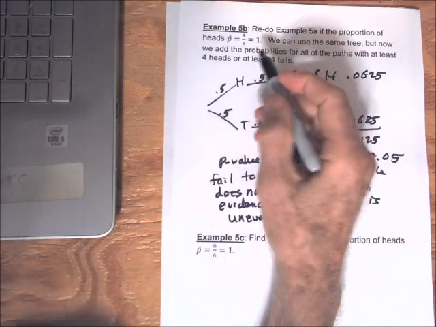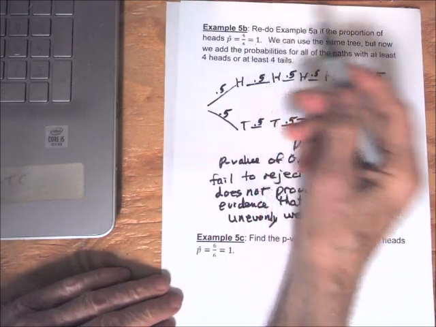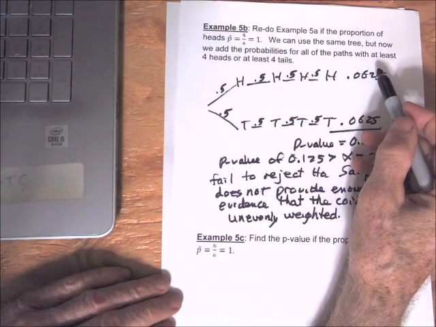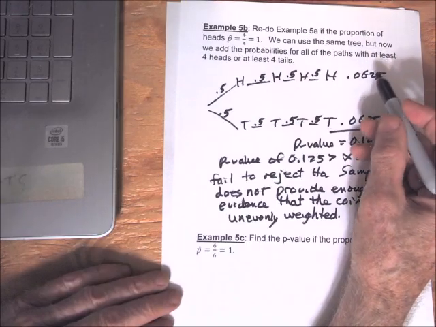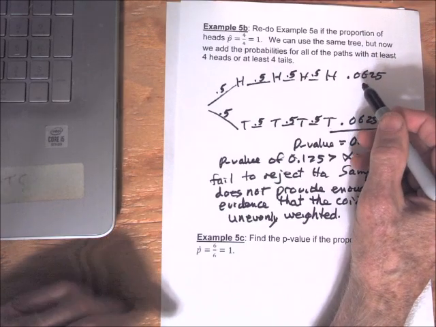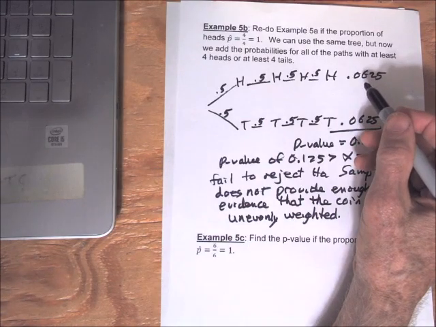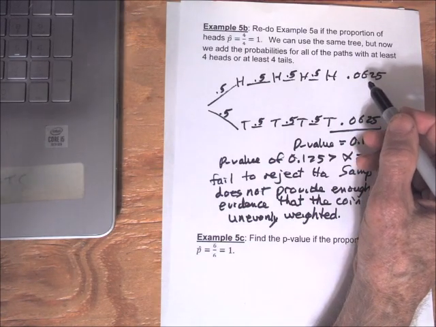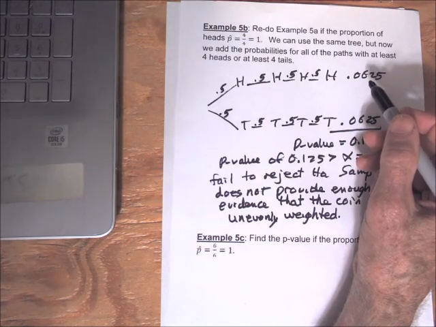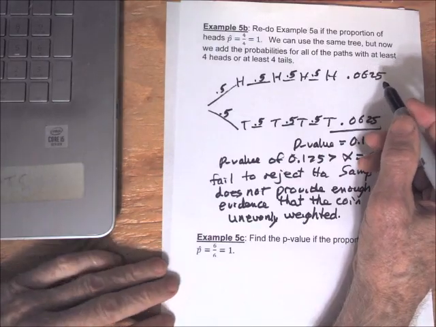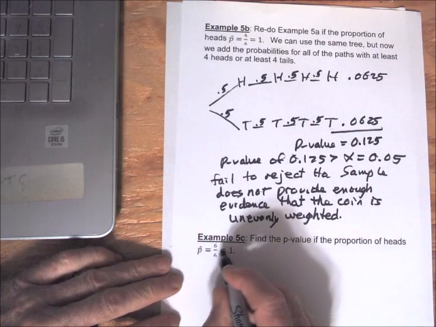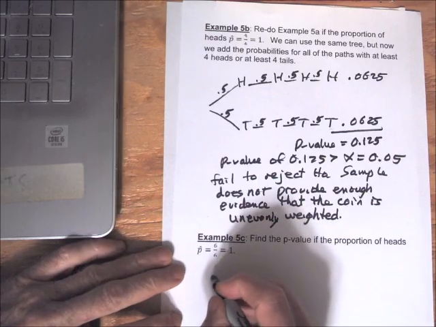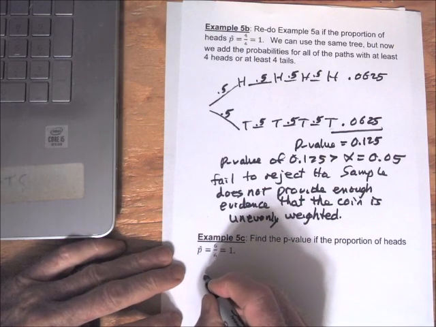So for 4 tosses, we had 16 paths, and then if we have 5 tosses, you double that, it's going to be 32 paths. And for 6 tosses, double that again, it's going to be 64 paths. So it should be taking up a lot of paper if you make a full tree, but we only need the paths with either at least 6 heads or at least 6 tails. So there's only 2 paths again.